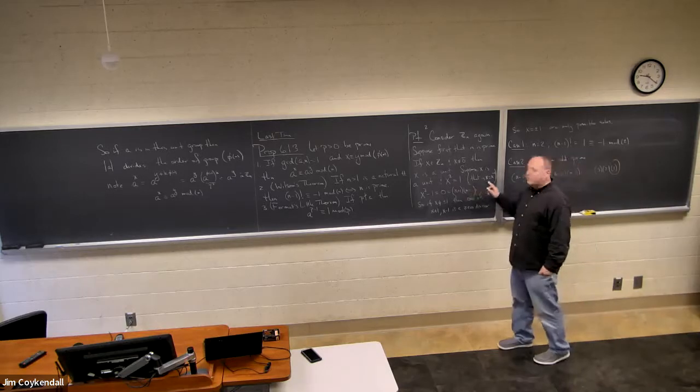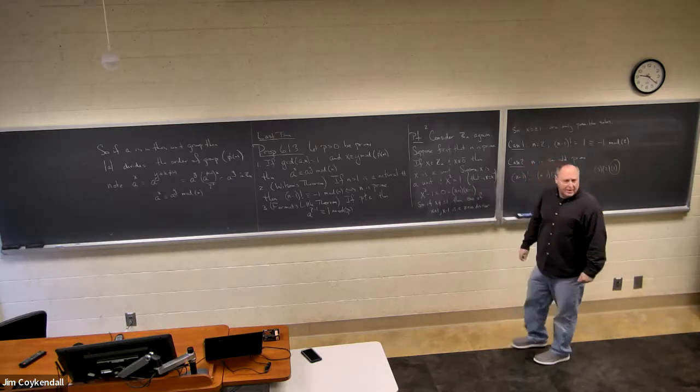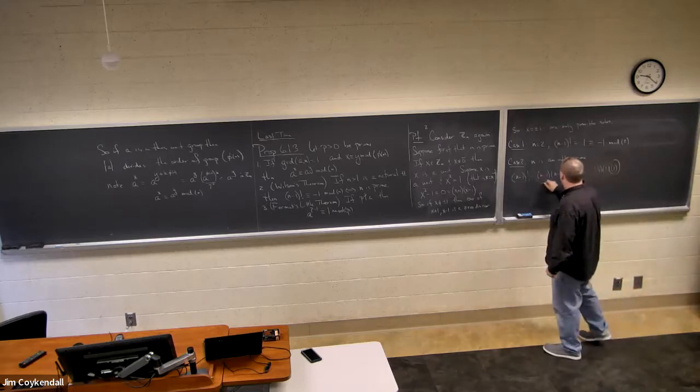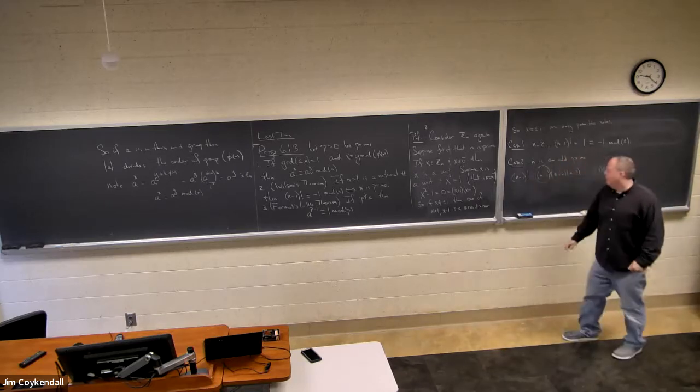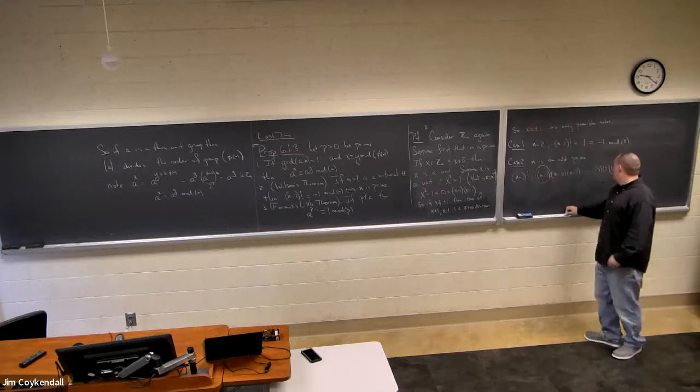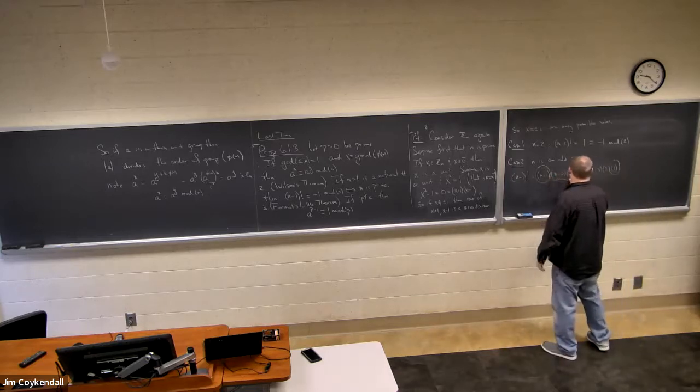X squared equals 1, so it's its own inverse. Everybody agree with that? And n minus 1 is also its own inverse, because that's the same thing as minus 1. n minus 1 is equivalent to minus 1 mod n. Everybody agree with that? How many elements are left over?